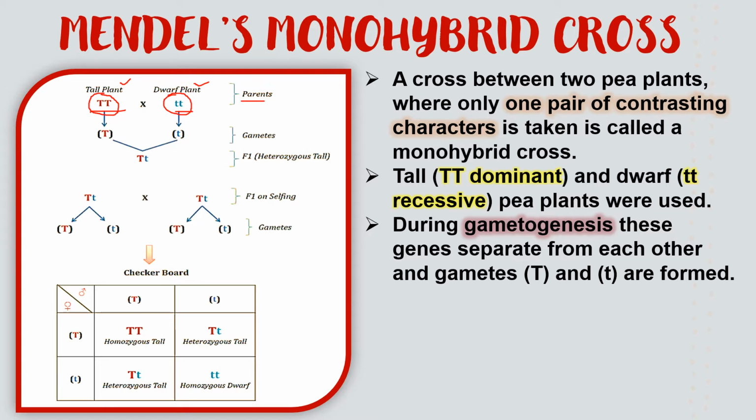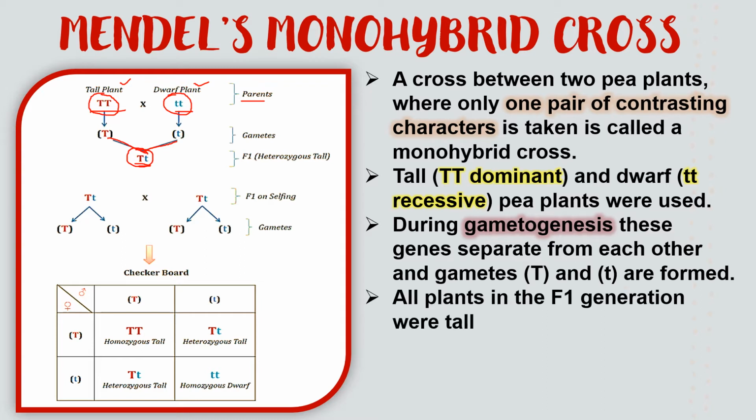When gametogenesis and joining of the gametes take place, they separate into single alleles, and then they come together, and in the first generation you get a mixed capital T and small t.